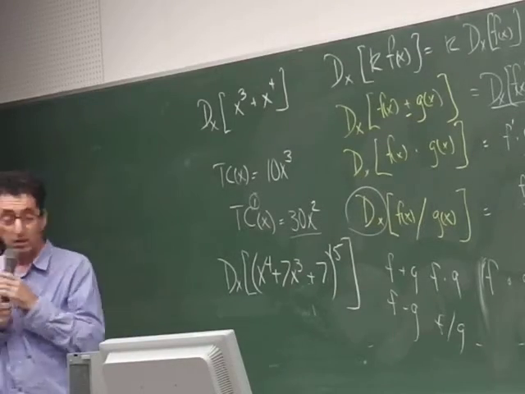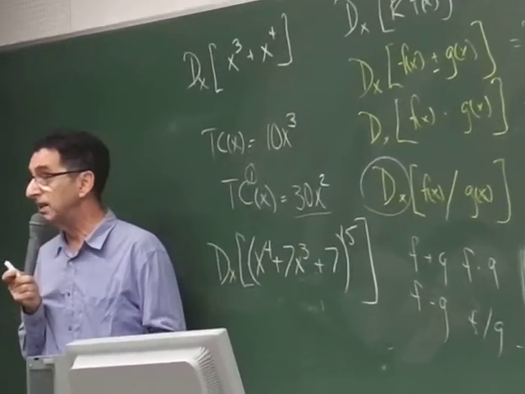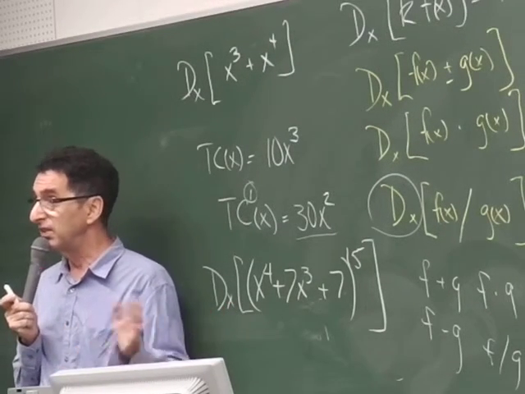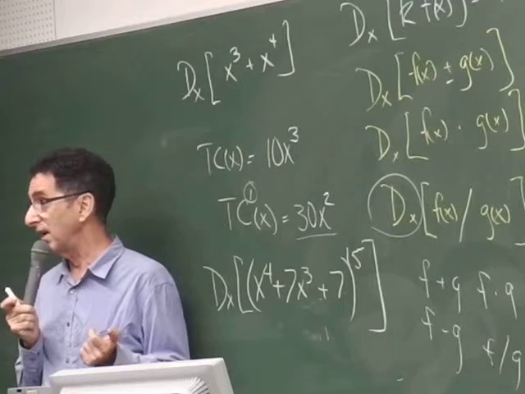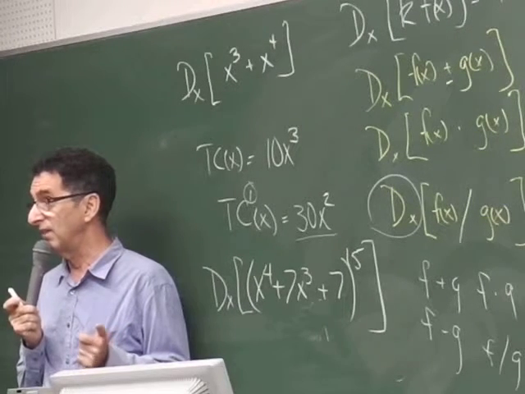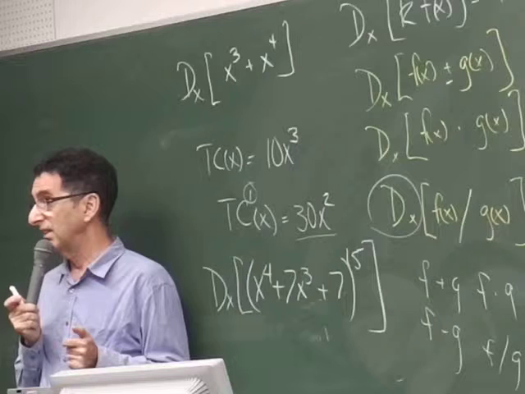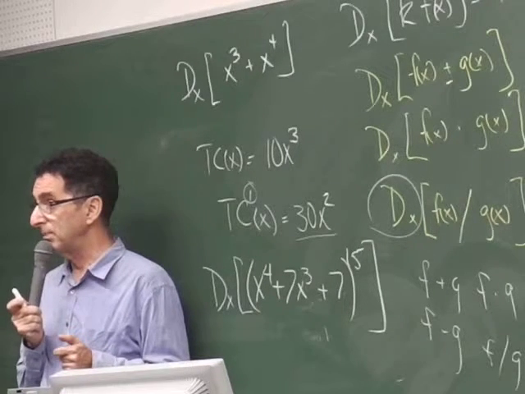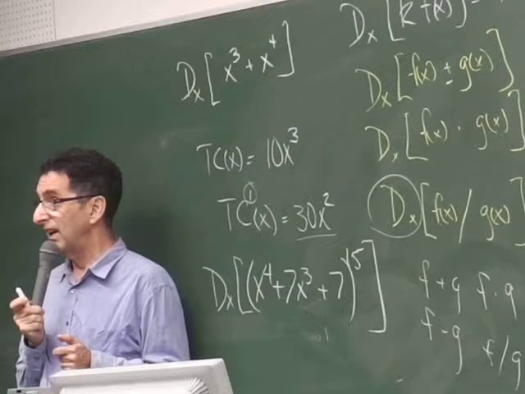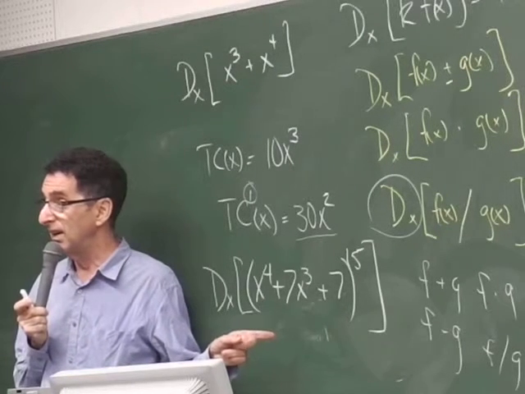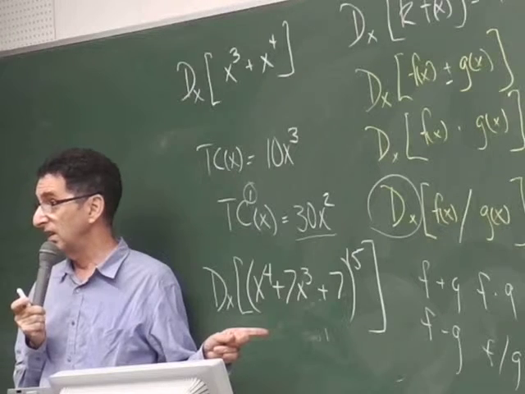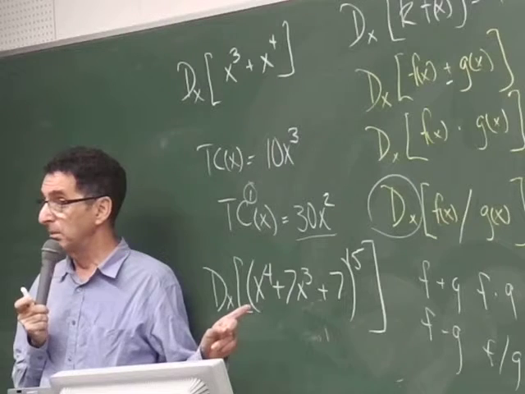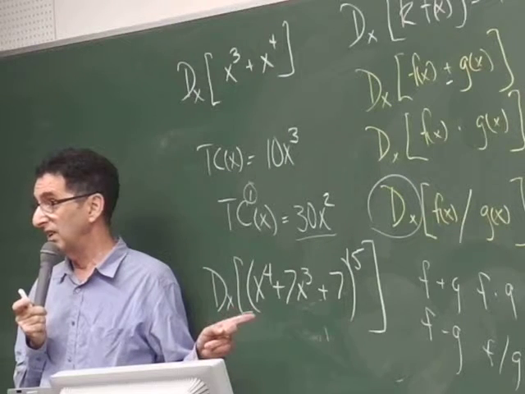Now you could multiply this out 15 times and you'll get a very long polynomial, and then you could do it that way, but that would probably take a really long time. But there's another way to do it. You have to be able to see it not as the sum of simpler functions, not as the product of simpler functions, but as the composition of two simpler functions.